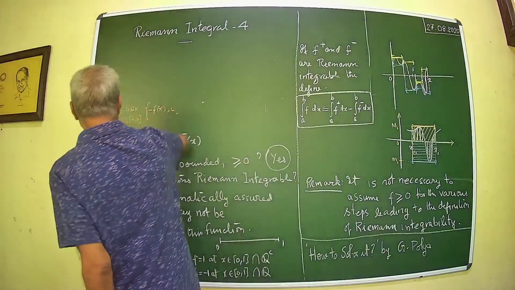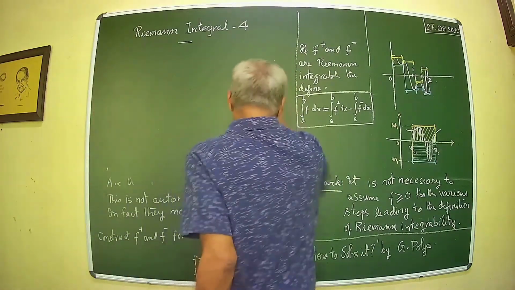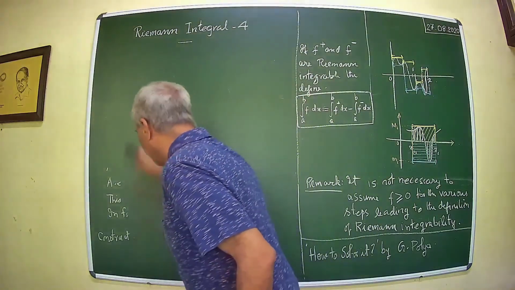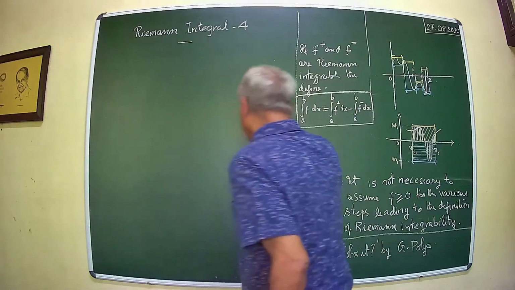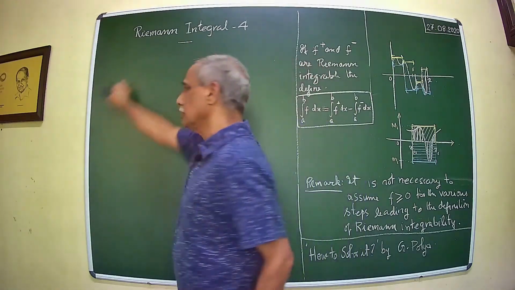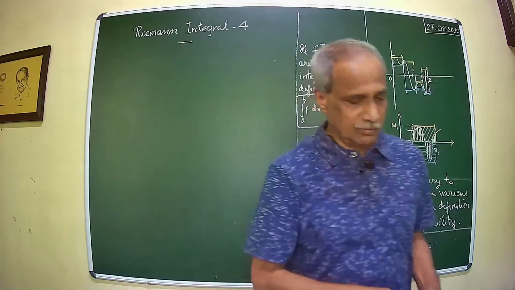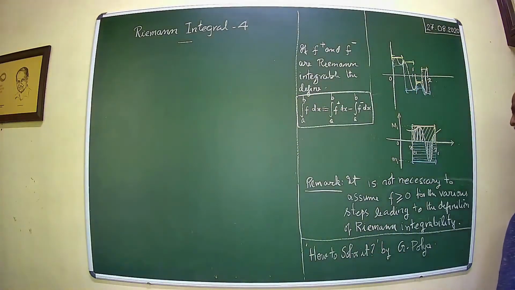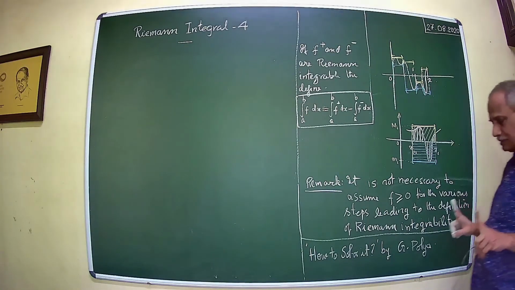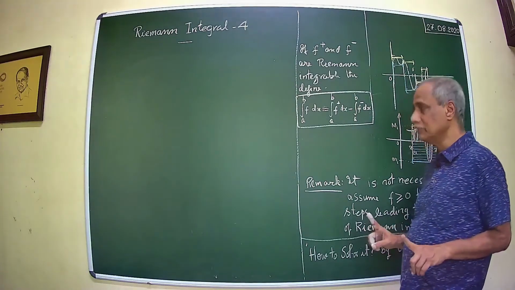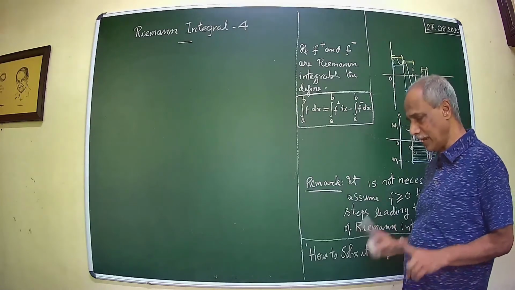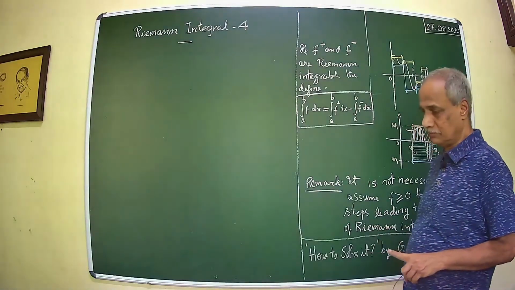Okay, so we have defined the Riemann integrability of a bounded function on a compact interval, or a closed bounded interval. Fine. So the essential assumptions that we have made are: one, the interval is closed and bounded; two, the function is a bounded function.